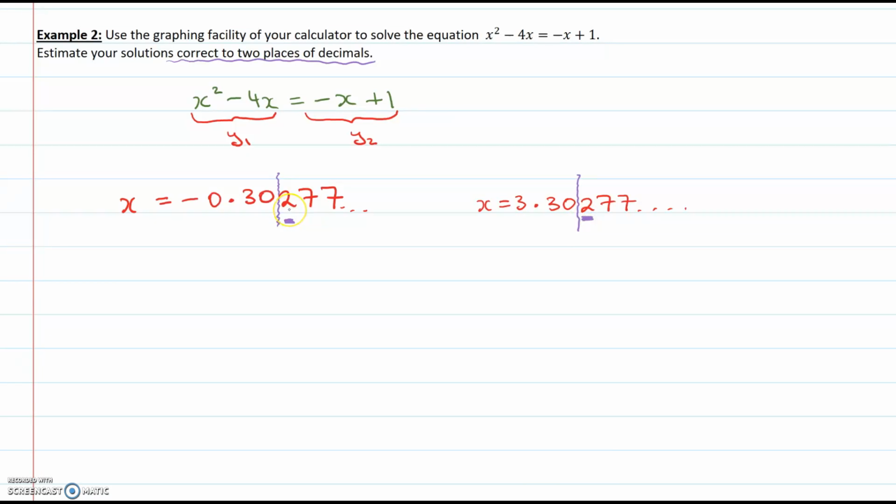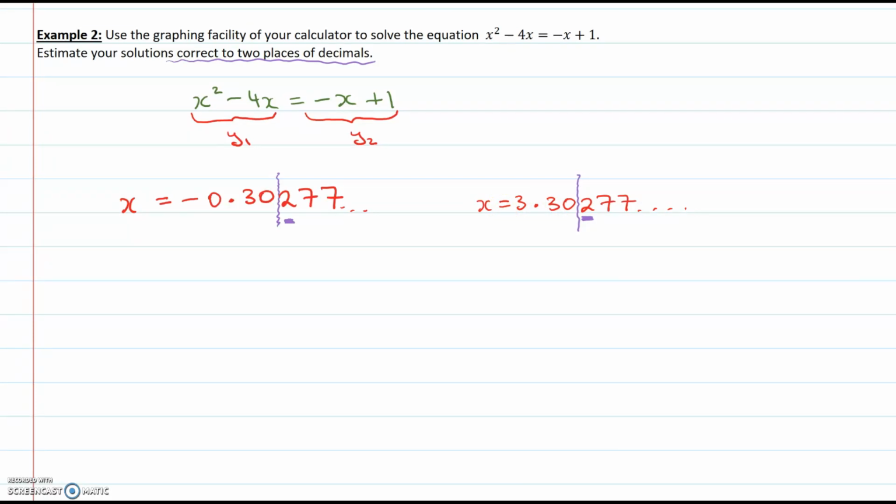If it was 5 or greater, we would add 1 to the figure in front. So this would become negative 0.31, or this would become 3.31. But in these cases, the number behind the line is 2, which is less than 5. So there is no change to the first digits, and we just write them as they are.